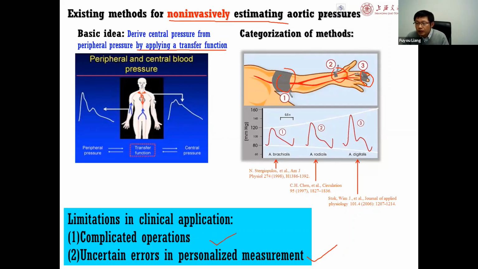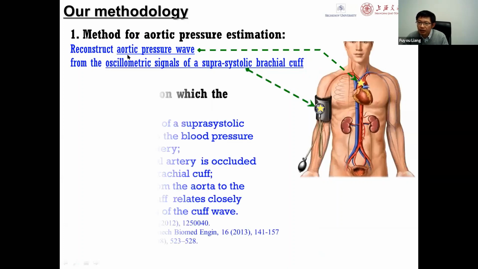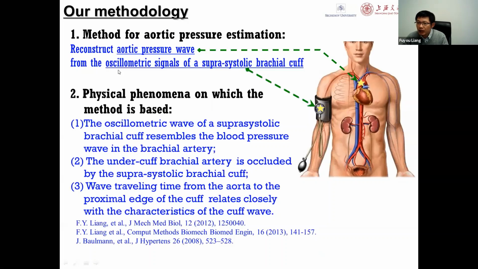So we propose a new approach. We propose to reconstruct the aortic pressure wave from oscillometric signals of a suprasystolic brachial cuff. What is suprasystolic? It means that the operating pressure of the cuff is much higher than the blood pressure inside the brachial artery, which will occlude blood flow through the brachial artery.